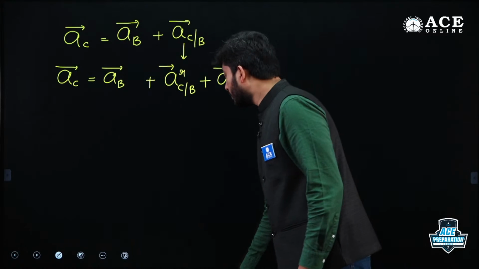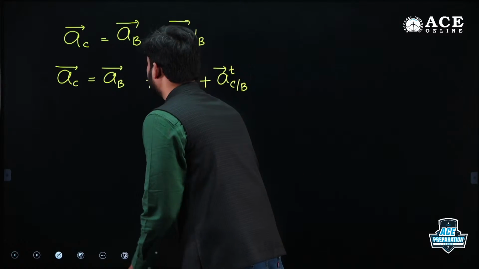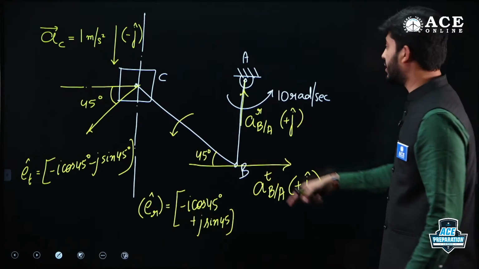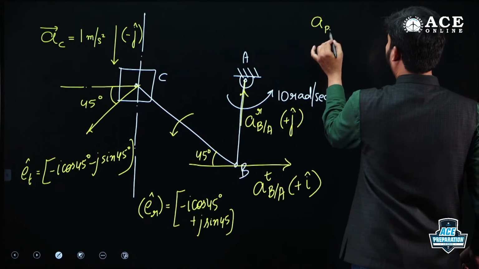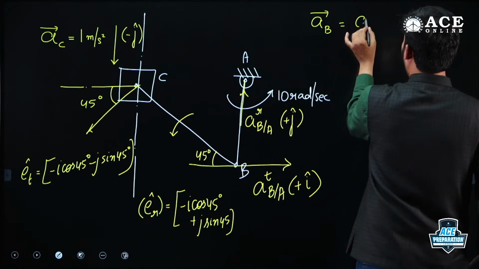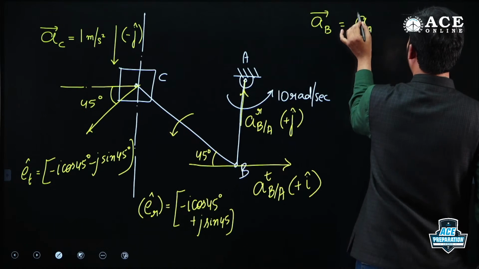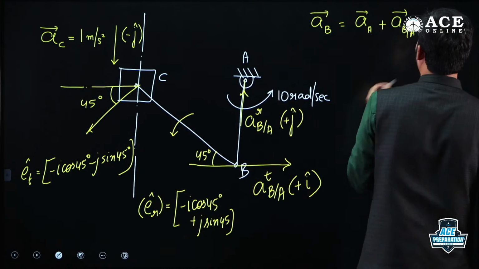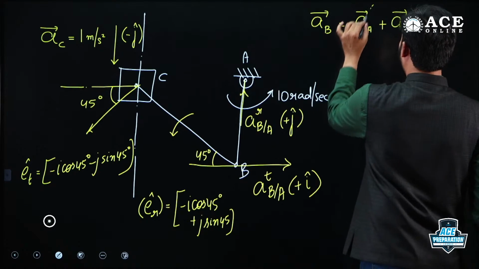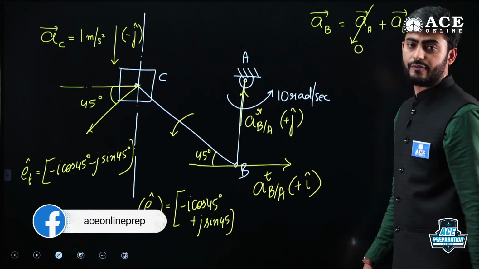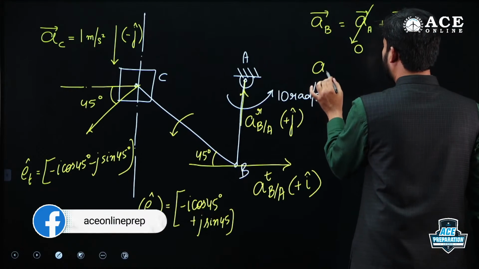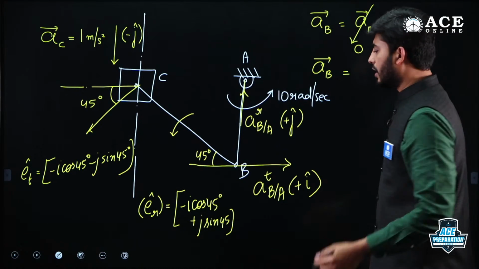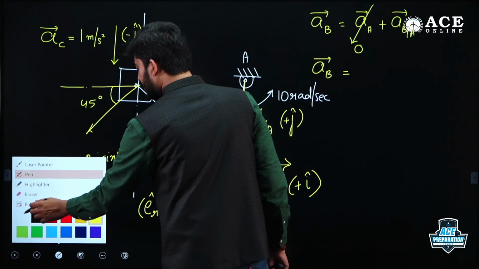Now what will be the acceleration of B? Absolute acceleration of B: acceleration of B is equal to acceleration of A plus acceleration of B relative to A. Anyways A is a fixed point, so this will be 0. Acceleration of B has one radial component. How will you express this?